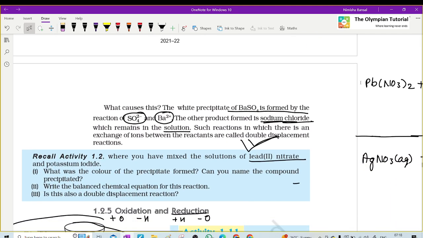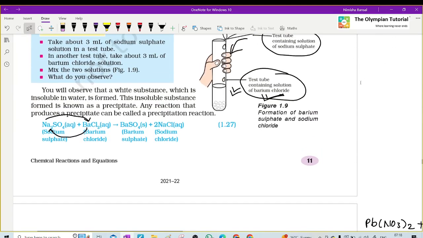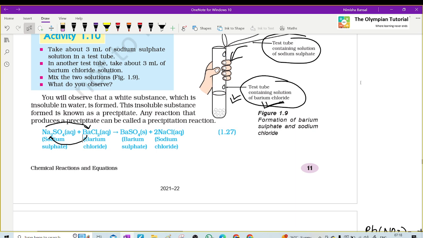Write: double displacement, the reaction in which two different atoms or groups of atoms are mutually exchanged.